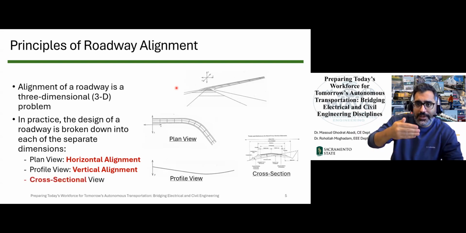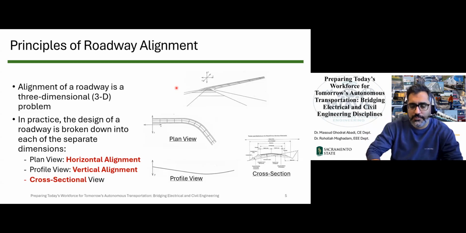I could also look at the cross-sectional view. It means that I will cut the road perpendicularly, and I look at how this roadway looks again compared to natural ground, if at some points we need excavations, if at some points we need embankments. We can find that out based on the cross-sectional view.